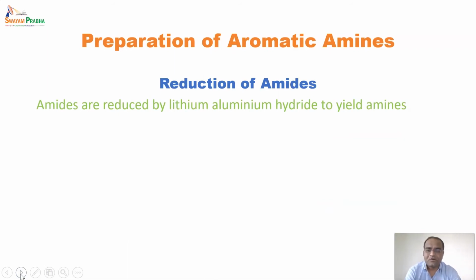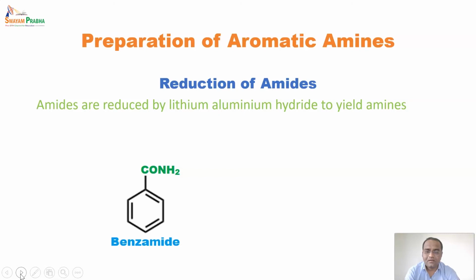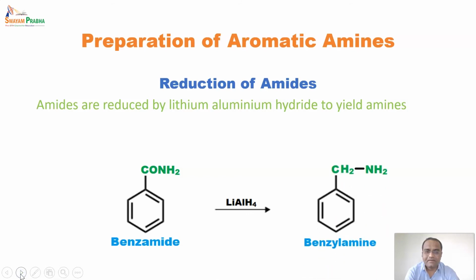The next way to prepare an aromatic amine is reduction of amides, which is different from the Hoffman degradation. Amides are reduced by lithium aluminum hydride to yield amines. This is the structure of benzamide, and with lithium aluminum hydride it forms benzylamine.